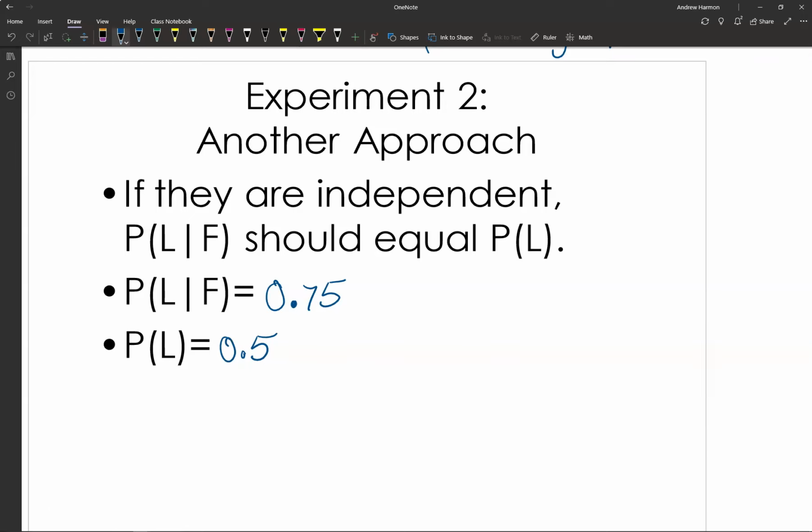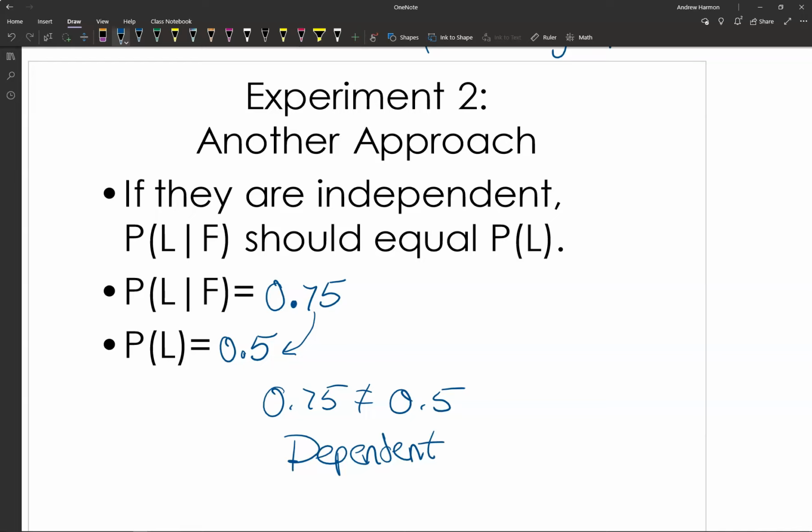But because these two probabilities are not the same, they're not equal to each other, we know right off the bat that these are dependent events. If the probability of long hair given female was the same as the probability of long hair, that would mean that the fact that we're given that the person's a female doesn't affect the probability of them having long hair. In this case it does affect it, so that's why they are dependent events.